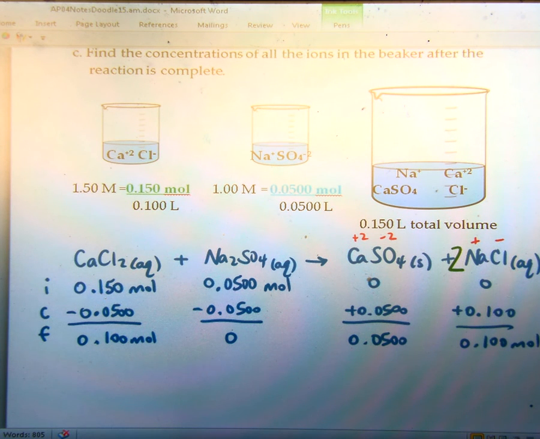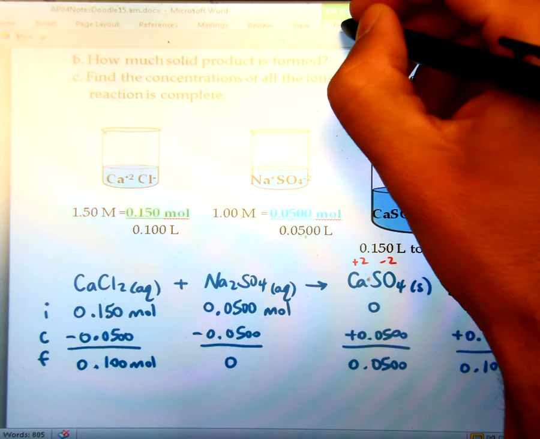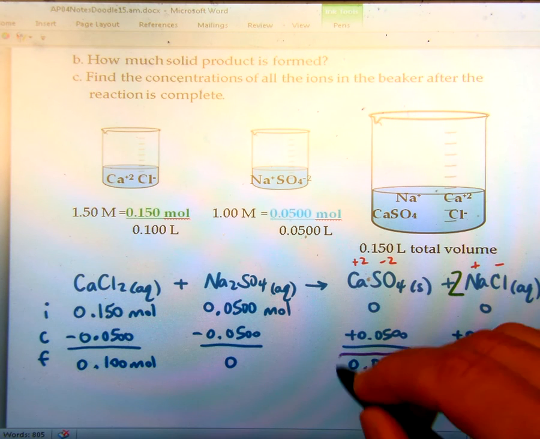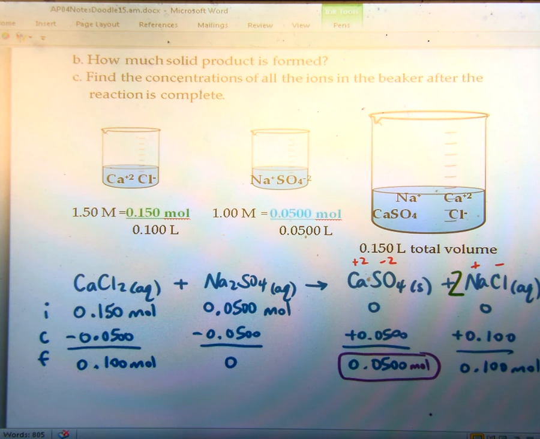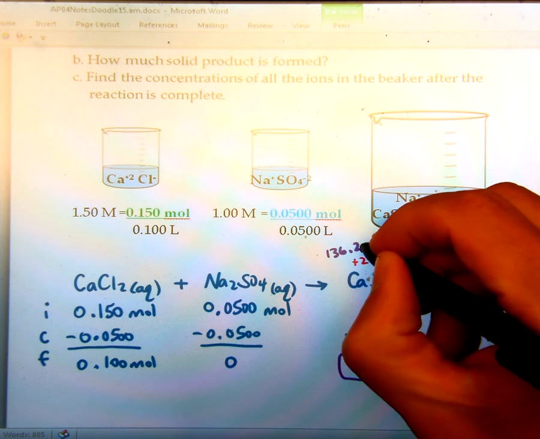All right, so now what we need to do is find out in part B how much solid product is formed, which is the precipitate. So that is the 0.05 moles. And we can circle that. And then, of course, you could convert that into grams. So calcium sulfate is going to weigh 40.1 plus 32.1 plus 4 times 16, which is 64, and that gives you 136.2 as the molar mass of that.